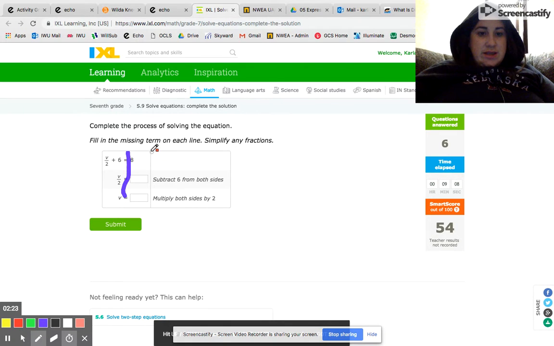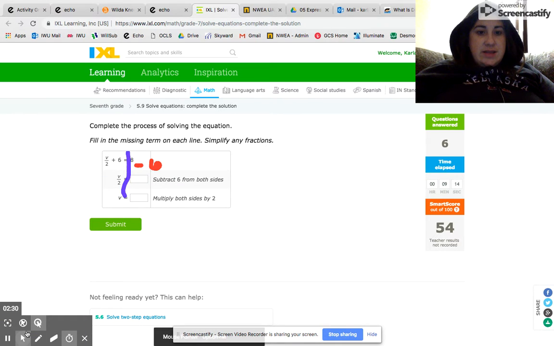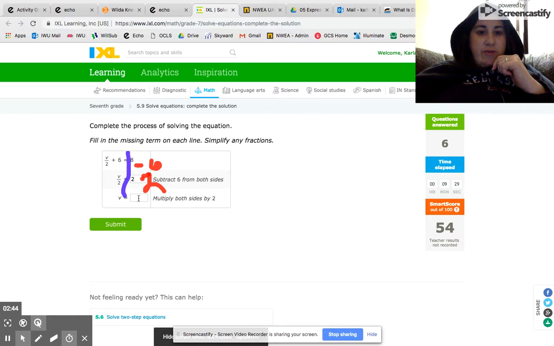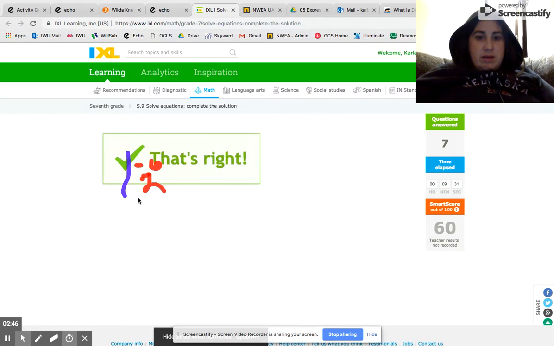Well, 8 minus 6 is 2. And then it says to multiply both sides by 2. So 2 times 2 is 4. So I'm going to put that 4 right here. Excellent.